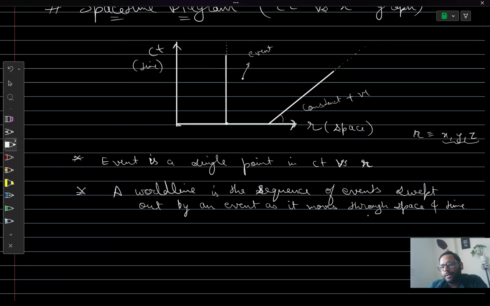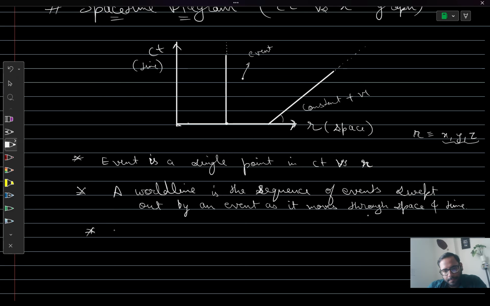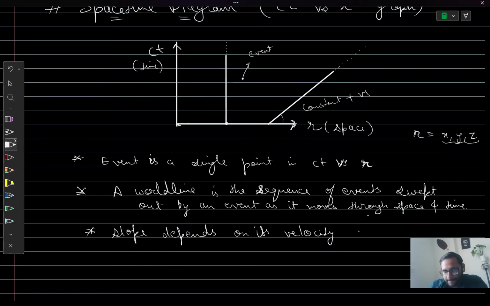Similarly, if it is moving with negative velocity, it will be like this, with this angle. Now the slope depends on its velocity in a frame.